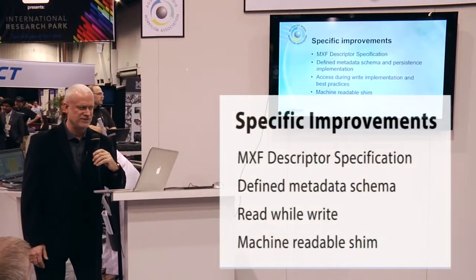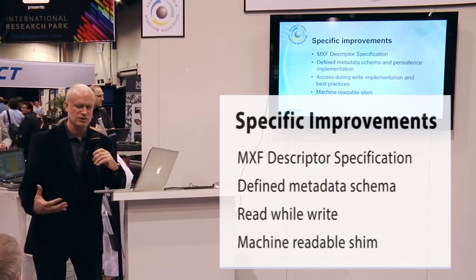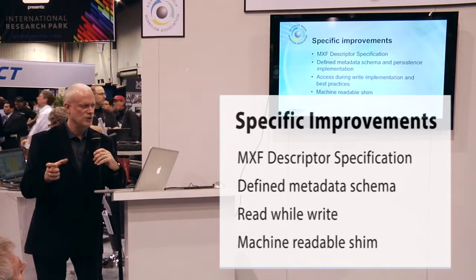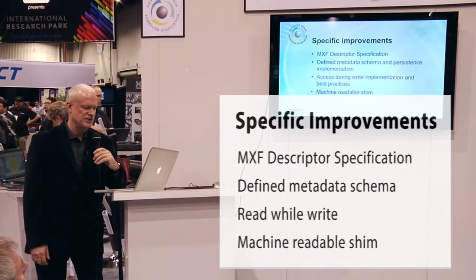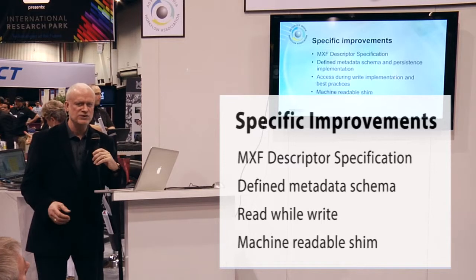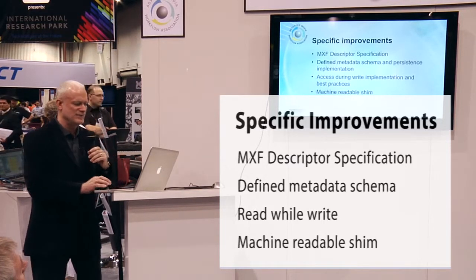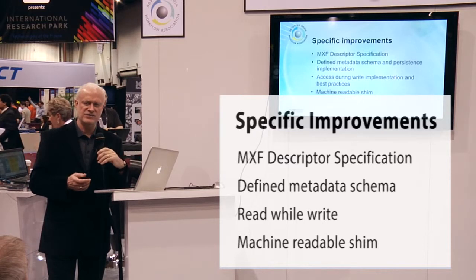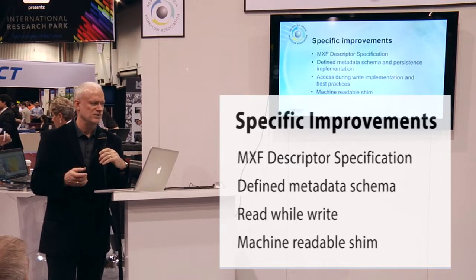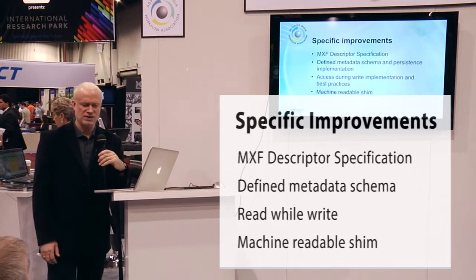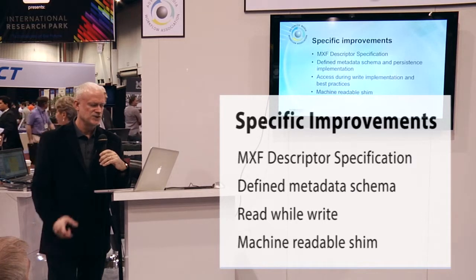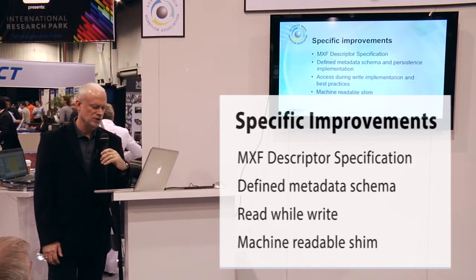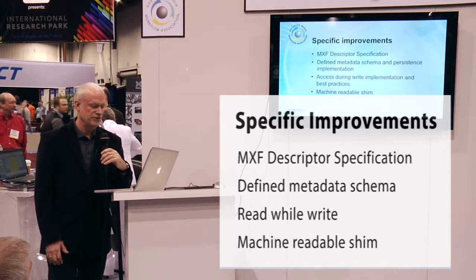Obviously the 377M descriptors will be in there, but we'll include some additional ones that work with our production systems downstream. And then we also need to define the metadata schema, or how we're actually going to store metadata that is significant for the production workflows of the organizations that want to embrace AS10. So that's definitely a piece of work that we're going to be doing here in the very near future.